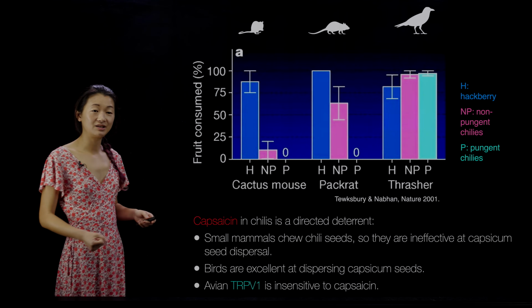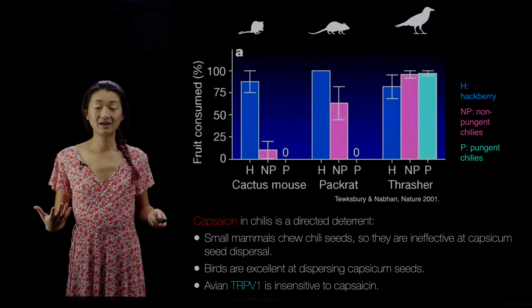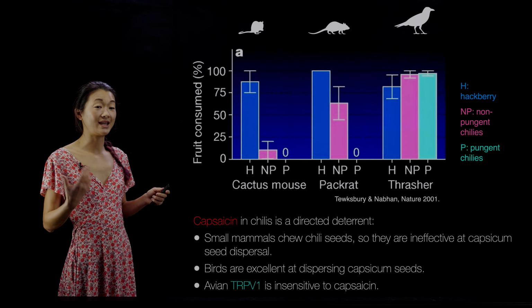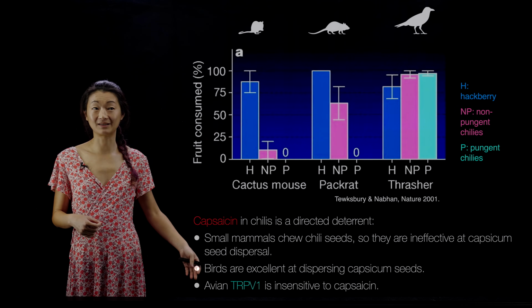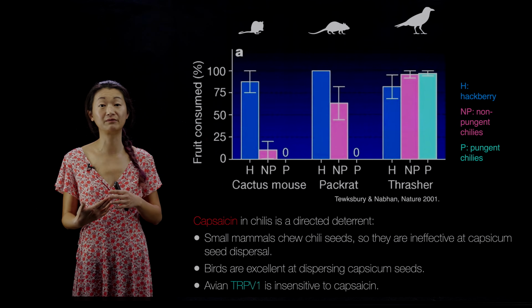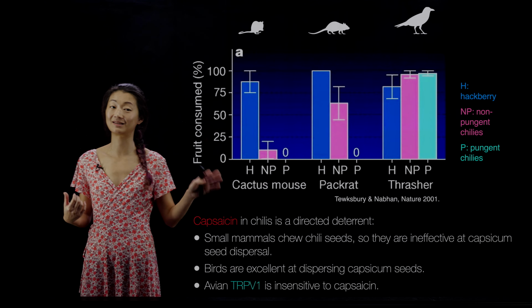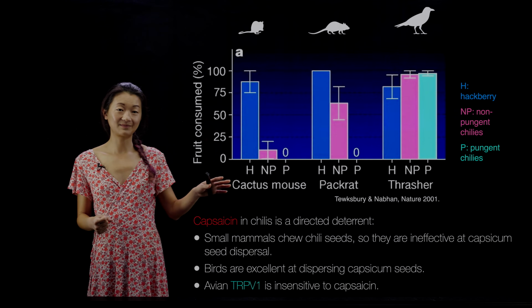So capsaicin in chilies is now understood to be a direct deterrent. And so the avian TRPV1 channel is insensitive to capsaicin. Birds literally can't taste spicy. They don't have the receptor for it. Their TRPV1 receptor is something else, and it's not sensitive to capsaicin. And the reason the chili pepper did this is the following.